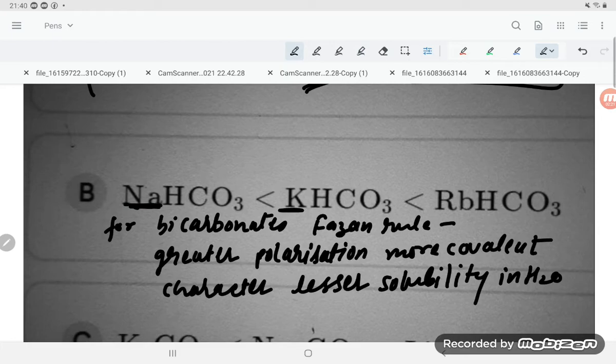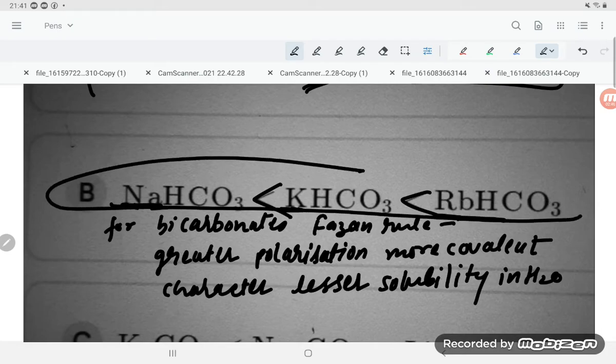Potassium has a larger size and less polarization, so it will be ionic and a little more soluble than sodium. And rubidium has the least covalent character, lesser than sodium and potassium, and lesser covalent means more soluble in water. So what is the correct option, students? This one.